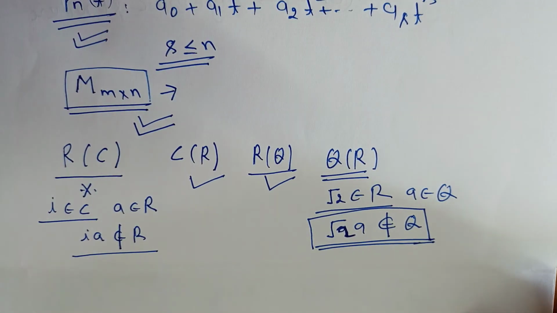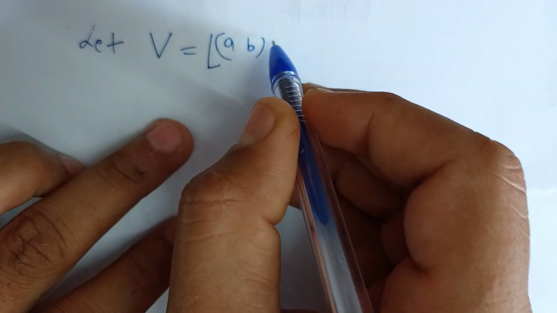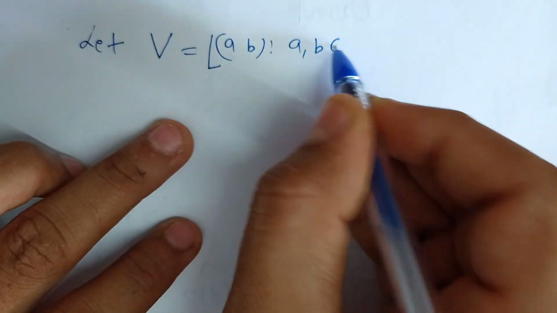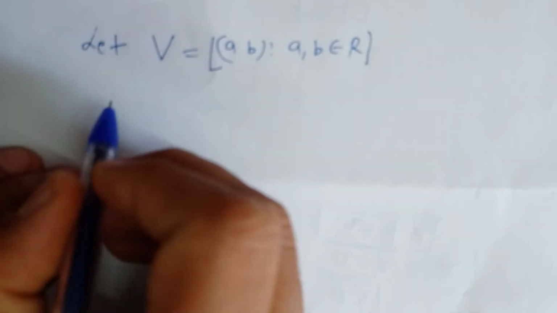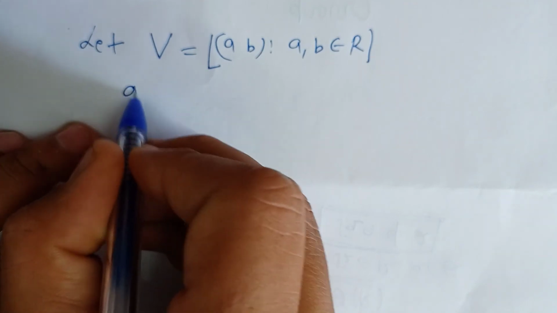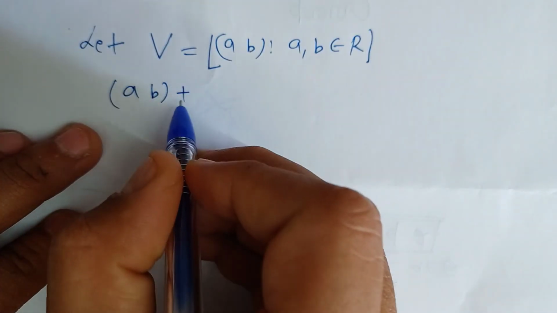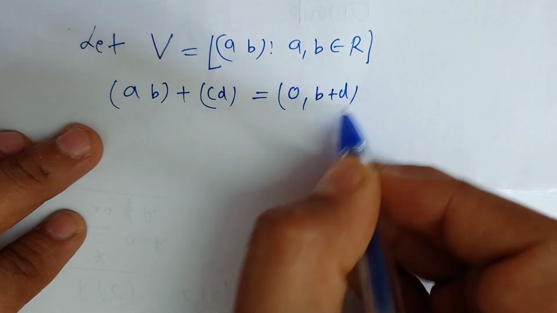So these are the properties of vector space. Fine. Let V be the set of (a, b), where a and b belong to R, over the set of real numbers. Show that it is not a vector space, where the operation (a, b) dot (c, d) equals (0, b plus d).